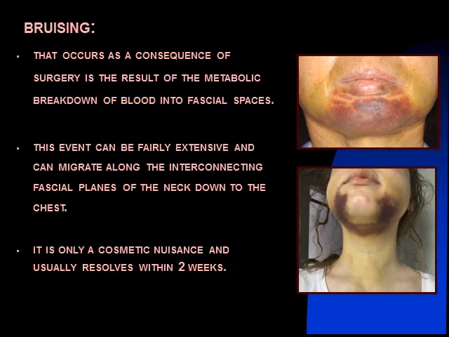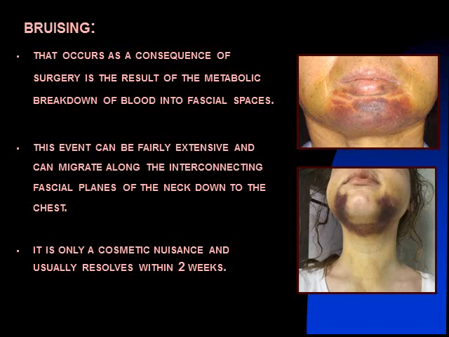Bruising or discoloration of the tissues, subcutaneous tissue, submucosal tissue, it is obvious in the face, under the skin. It is due to breakdown of the accumulated blood after accumulation within the facial spaces. So after surgery, you have to confirm the complete hemostasis and that there is no oozing of blood.